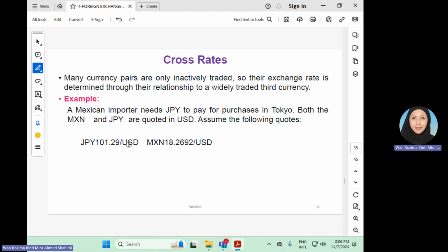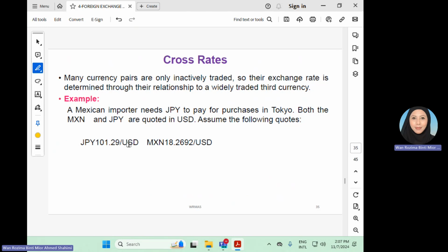So the first one is Japanese yen against USD. Right? So this is the first one. Second, Mexican peso against USD. So I have the first pair, second pair.